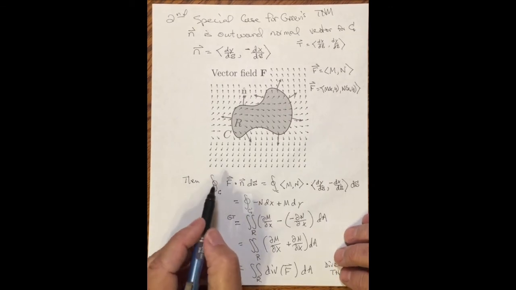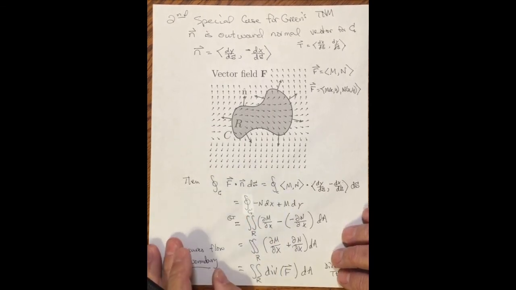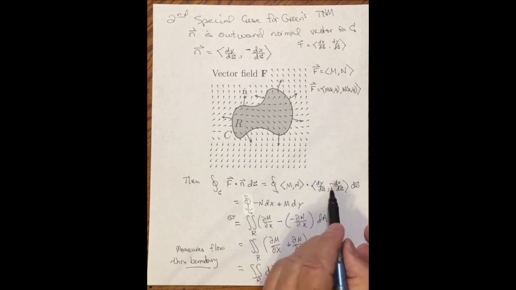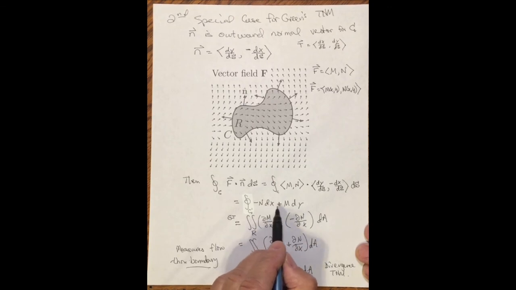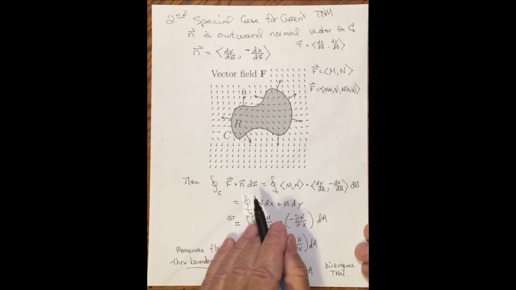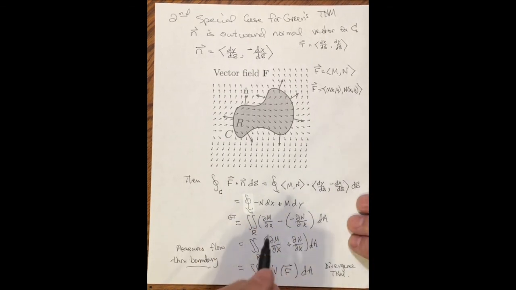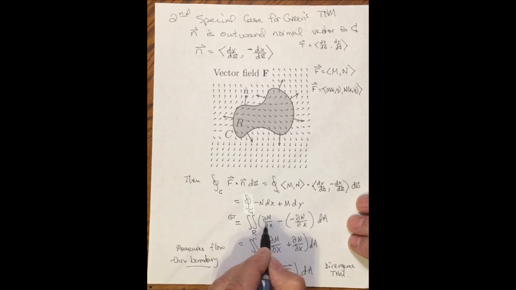Okay, so now, instead of looking at F dotted with T ds, we want to look at F dot the normal vector. Well, again, if F has component form M and N, and now we put in the vector form for the normal vector, and we dot them, we get this here. Now, if we turn this around, you might say, well, wait a minute, what's going on here? Remember, Green's theorem says whatever's in front of the dy term, we take the derivative of it with respect to x.